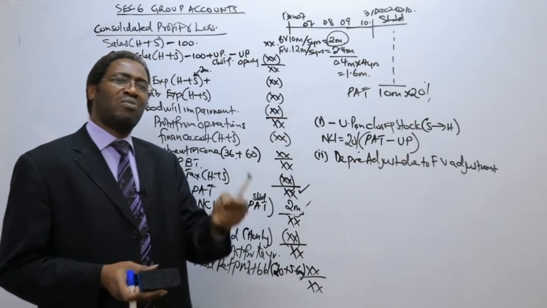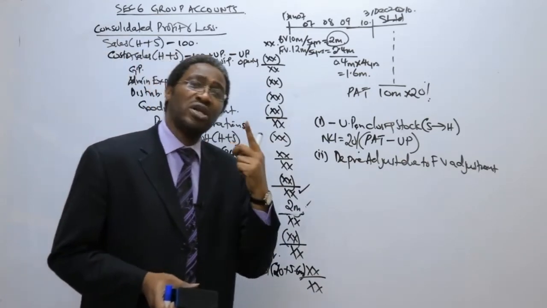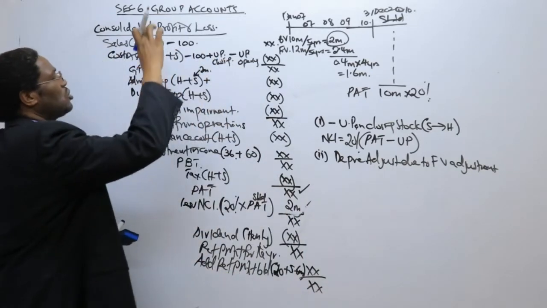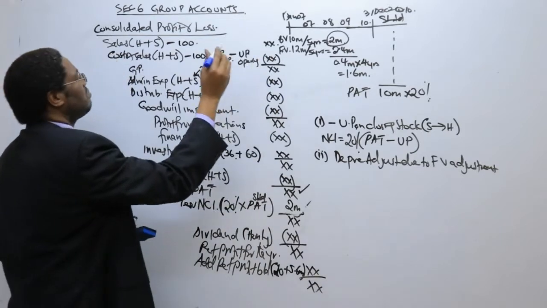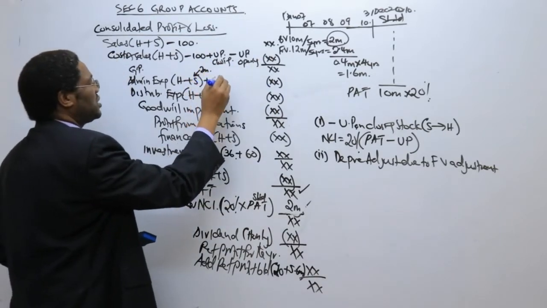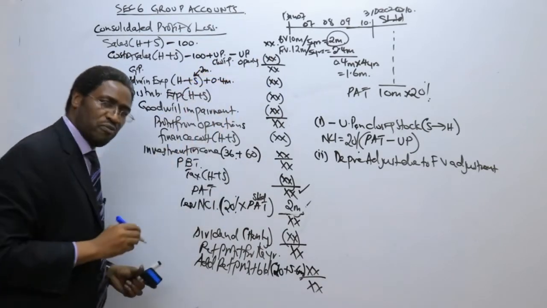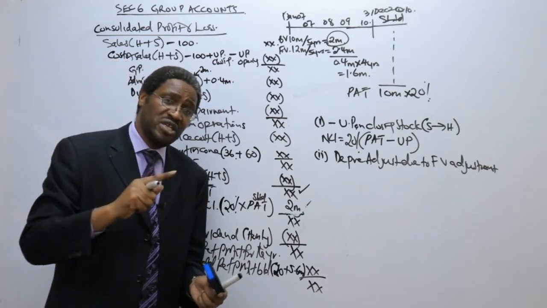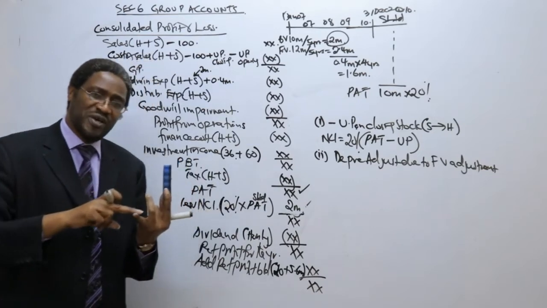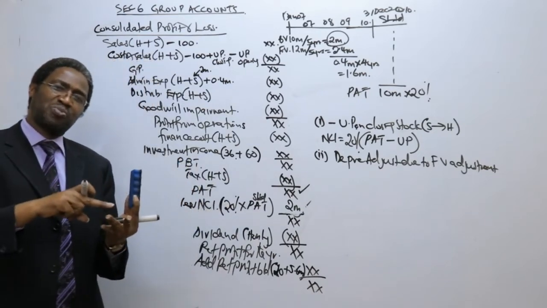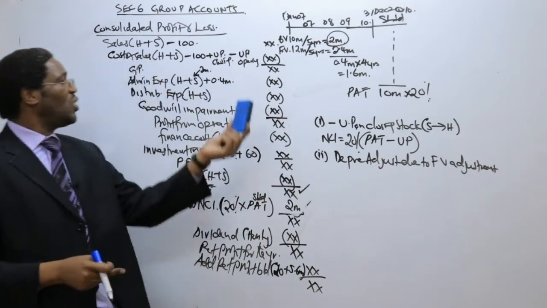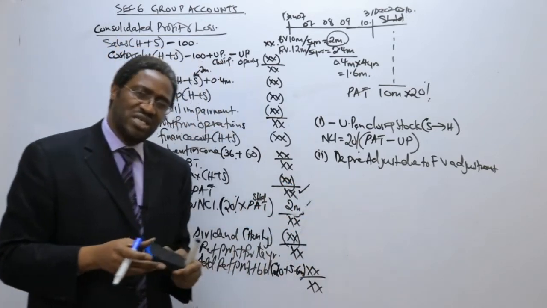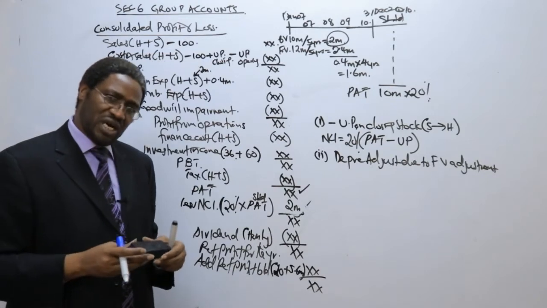So because you normally do an income statement for only 1 year, you adjust the admin expenses not with the total undercharge, but with the undercharge for that particular year, which is 0.4 million. So when you are determining the group admin expenses, you take the admin expense of the holding plus the admin expense of the subsidiary company, then you add the undercharge for that particular year.